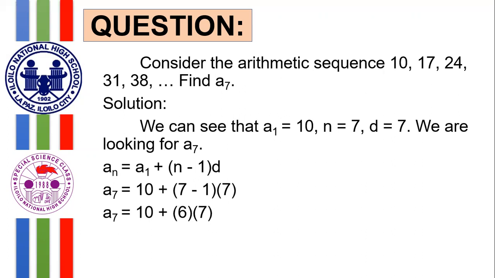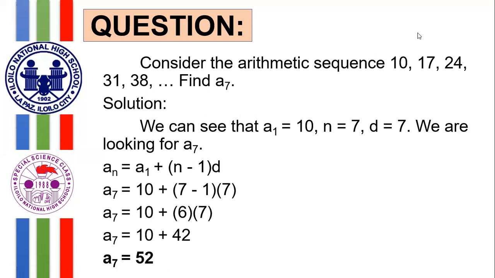7 minus 1 simplifies to 6. So a sub 7 is equal to 10 plus 6 times 7. By the GEMDAS rule, 6 times 7 first, which is 42. And a sub 7 is 10 plus 42, or 52.